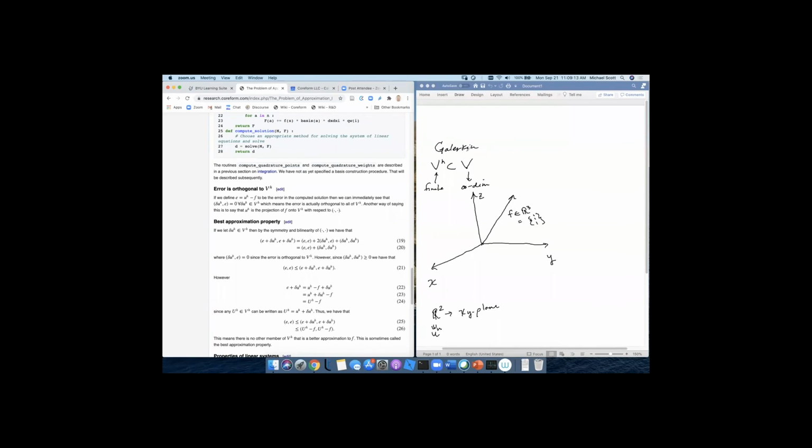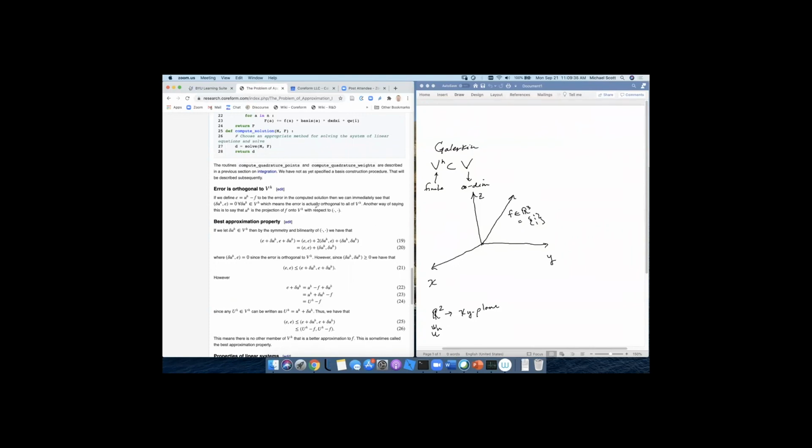So one of the guarantees that you'll get from the Galerkin structure is that the error will be orthogonal to your discrete space. In other words, there's not going to be any component of the error in the XY plane. It's all going to be out of plane in this simple example.